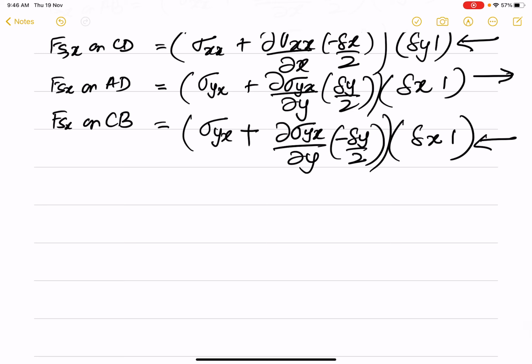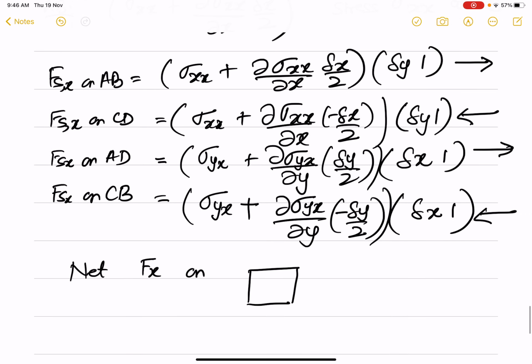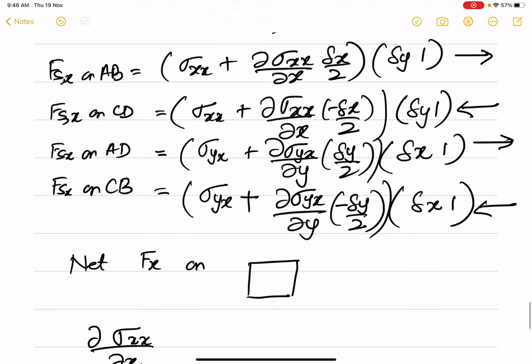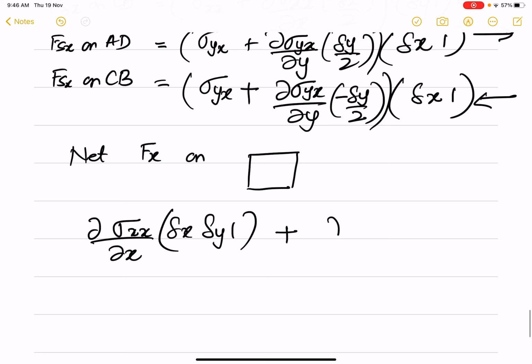So now when we take the net surface force, net Fx on this rectangular element, in the plus x direction it will be partial sigma xx by partial x times delta x delta y times 1, plus partial sigma yx by partial y times delta y times delta x times 1.